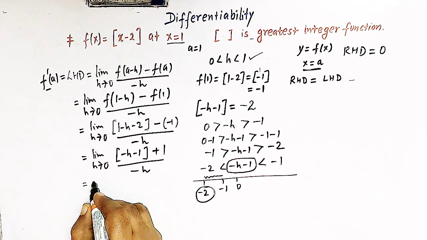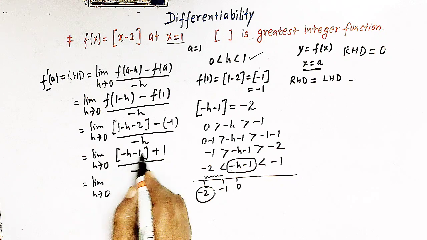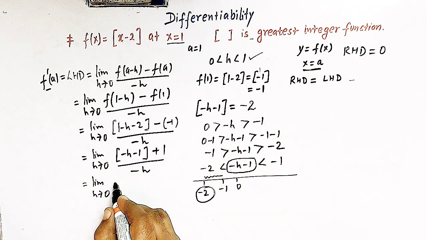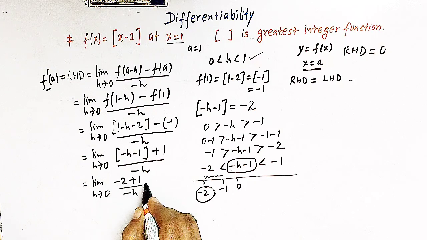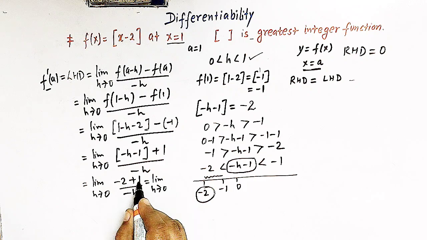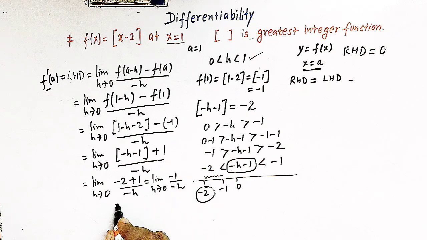So now we can write the limit as limit h tends to 0, and this quantity is now equal to minus 2. So here we have minus 2 plus 1 over minus h, and this is limit h tends to 0. 1 minus 2 is minus 1 over minus h. So this negative and this negative get cancelled.